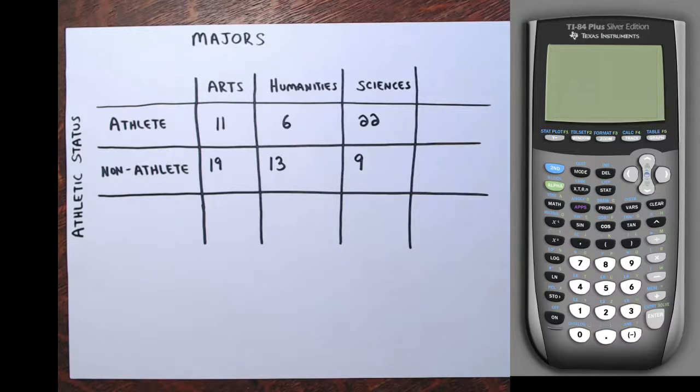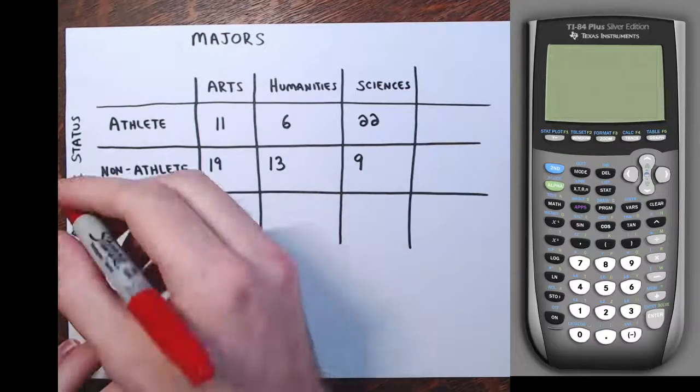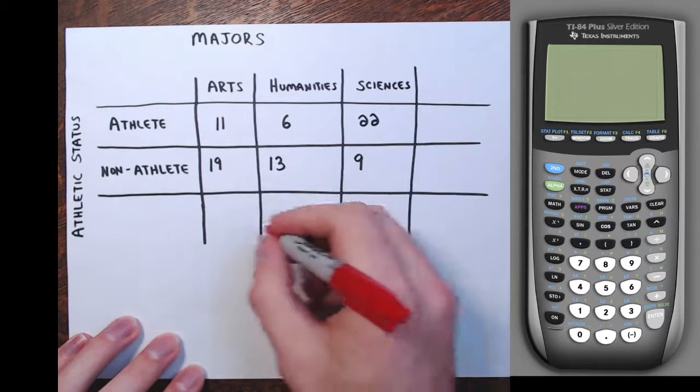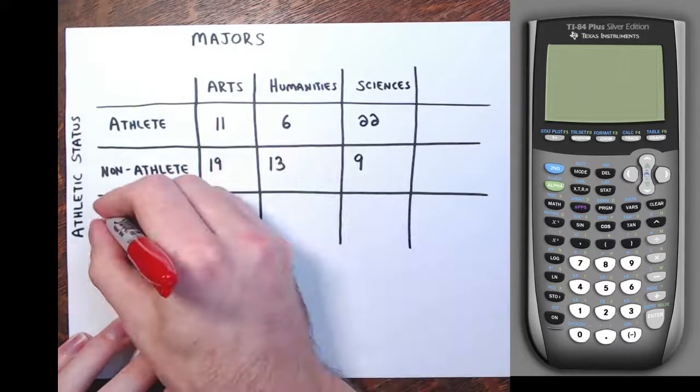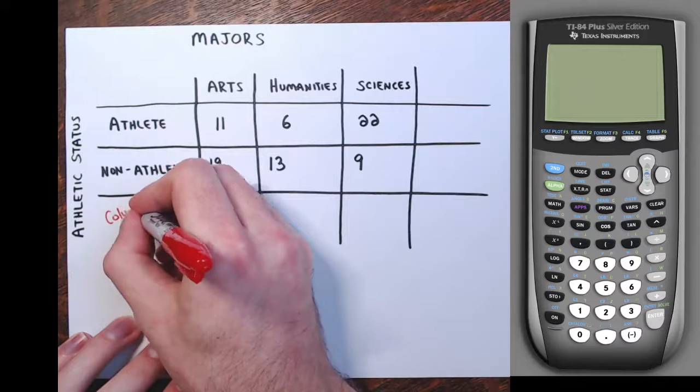Then we put in the totals. I'm going to put these in different colors because they don't really belong to the table exactly. They're not the actual observed counts. Down this bottom row, I'm going to put the column totals.